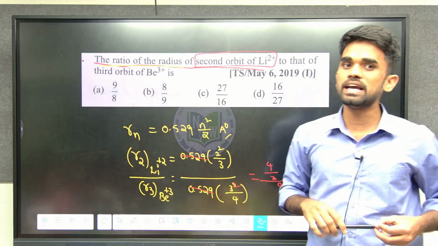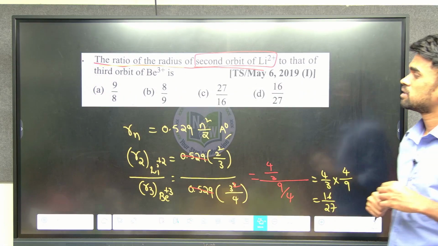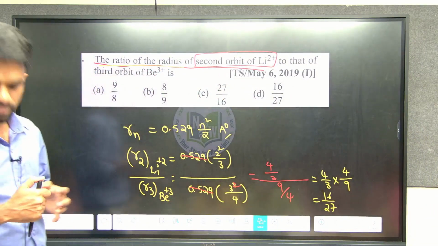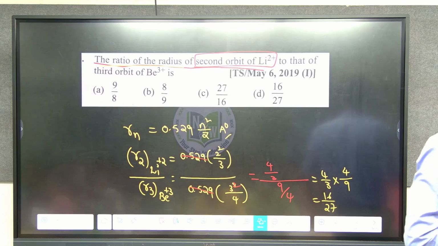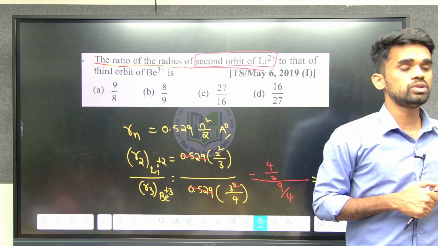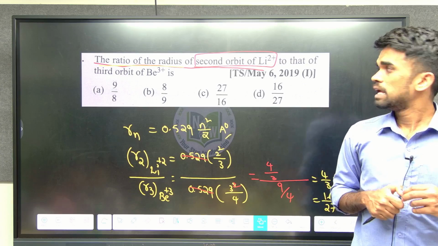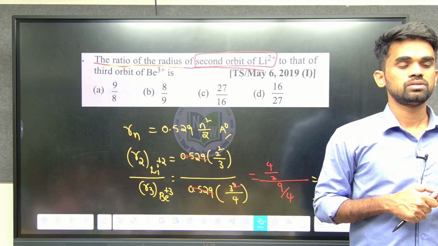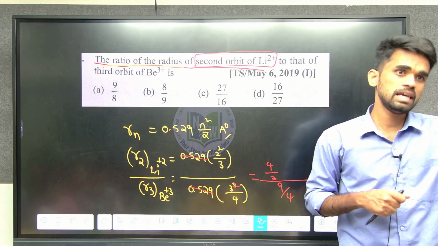The ratio of the radius of the second orbit of helium ion, it means He plus 1, to that of the fourth orbit of helium plus 2 ion.